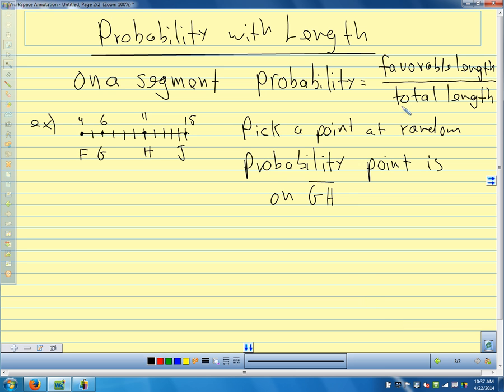Because we're on a segment, our probability is the favorable length over the total length. Favorable over total.